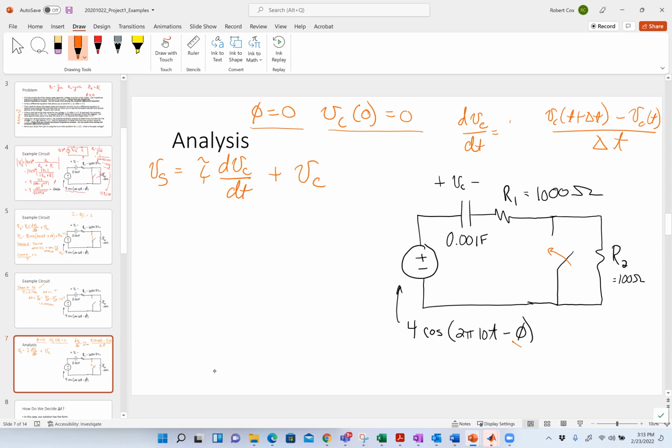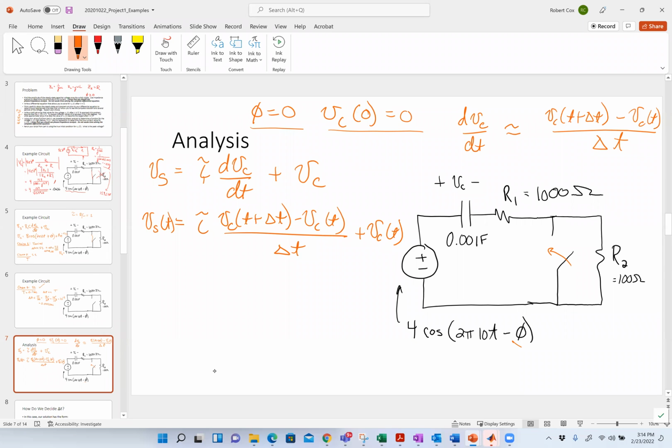Get rid of it, and just say that's approximately equal. And I drop that into this expression. So I end up with tau times V sub c of t plus delta t minus V sub c of t all over delta t, plus V sub c of t, and that's equal to Vs of t. And I have to be careful to put in the of t.